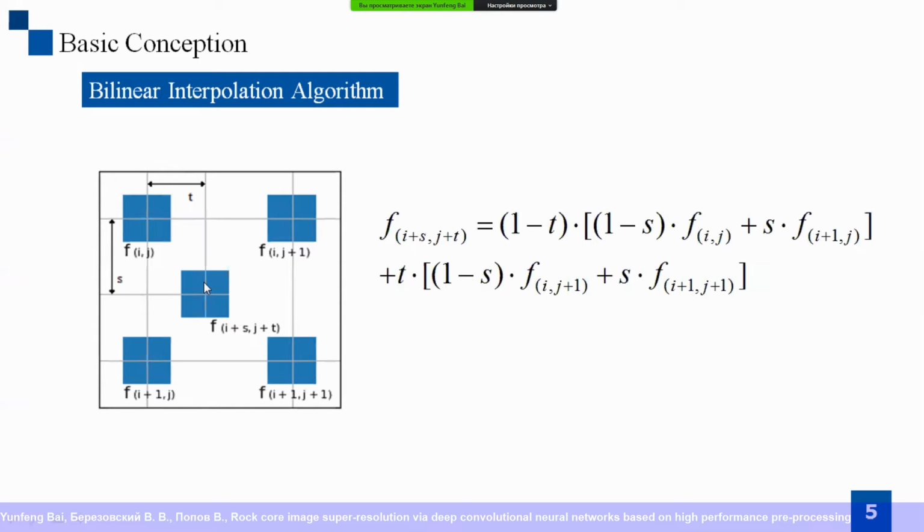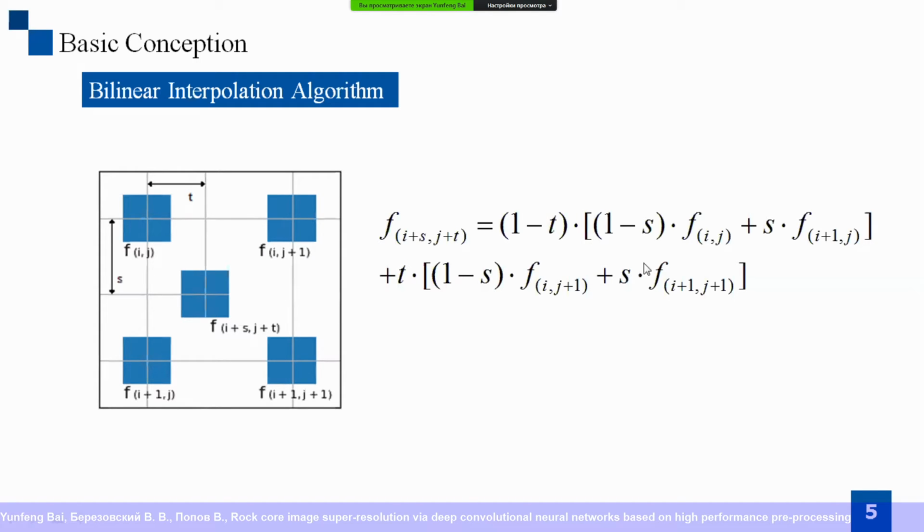Bilinear interpolation is a very popular method, and the pixel to be interpolated is found with this algorithm by using the four nearest pixels around this one. The formula is this one. And this is the basic method.